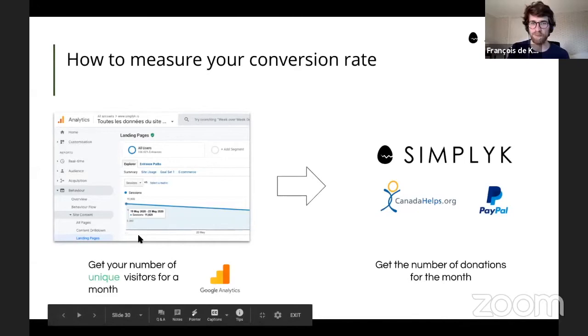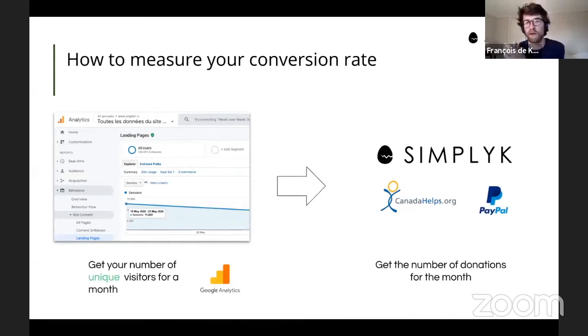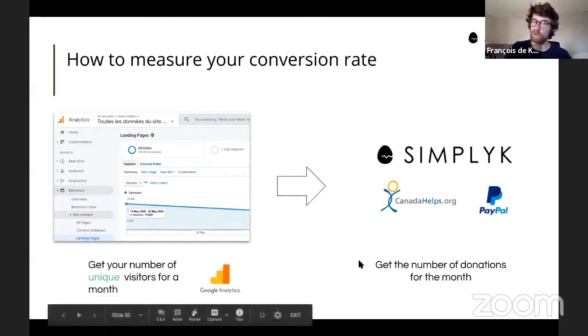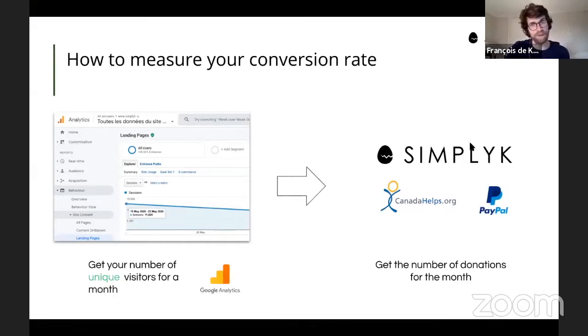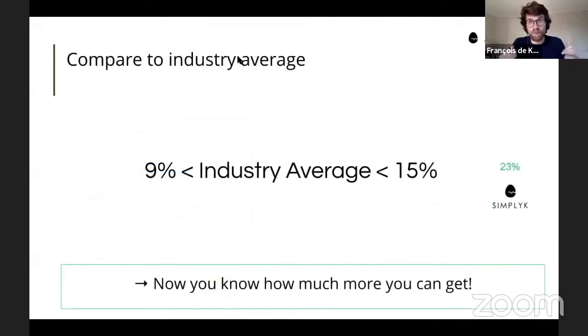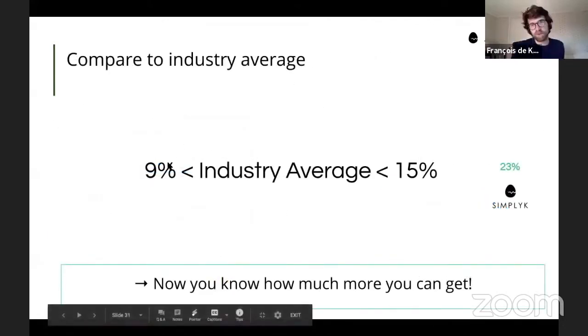Then you go on your donation form, like SimplyK, Canada Helps, PayPal, and you check the number of donations, and you calculate the ratio. If there's only one thing to do today, that's it, because you will see if you're doing great or doing okay.